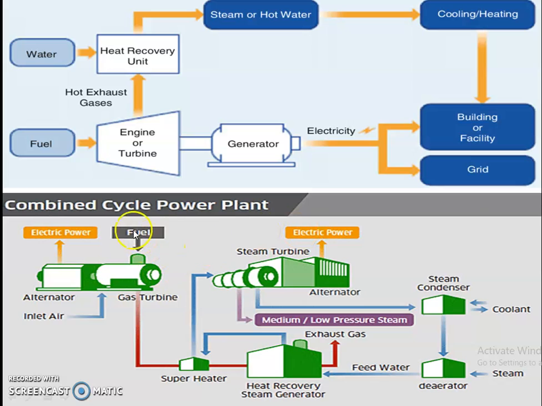As I told you previously, in the combined cycle power plant, the fuel is natural gas, which rotates the gas turbine to produce electricity with the help of an alternator. The exhaust, a high amount of flue gases, goes to the superheater and the heat recovery steam generator to produce steam.